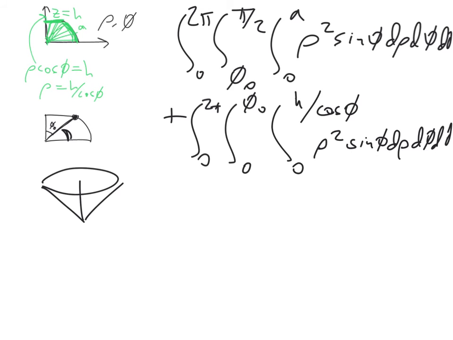Okay, and as we look at these integrals, that same observation that we had in cylindrical is happening up here. There's constants in the bounds of integration. The integrand that came from the volume element is quite simple. And this sine phi can certainly get pulled out of the rho integral because it's constant relative to that integral.